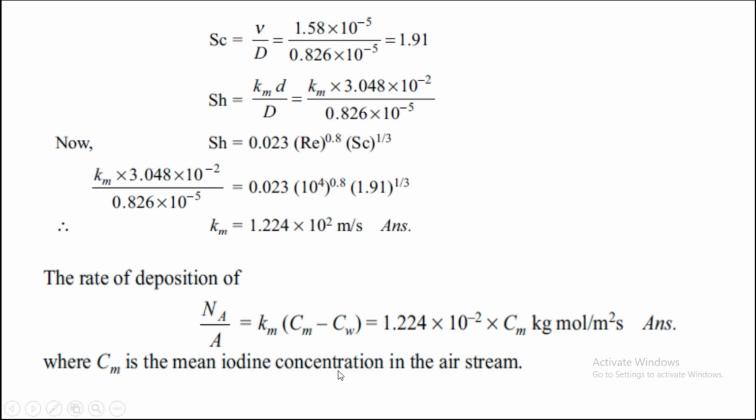Now multiply all these terms. The rate of iodine deposition on the wall is 1.224 × 10^-2 × Cm, in kilogram mole per meter square second. So now we have completed the problem based on convective mass transfer when it flows inside the tube.